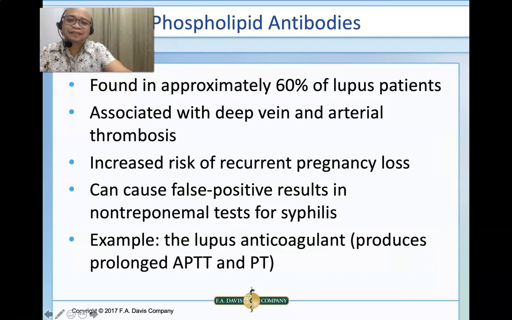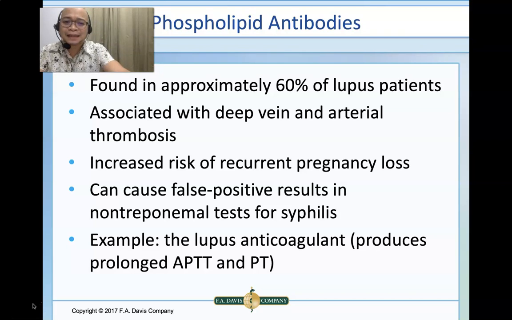Okay. So aside from the utilization of anti-nuclear antibodies, we can also use phospholipid antibodies. The most common example of this is the lupus anticoagulant. It is found in 60% of patients with lupus. If you have phospholipid antibodies, this may be associated with deep vein and arterial thrombosis. In some cases, we call it APAS.